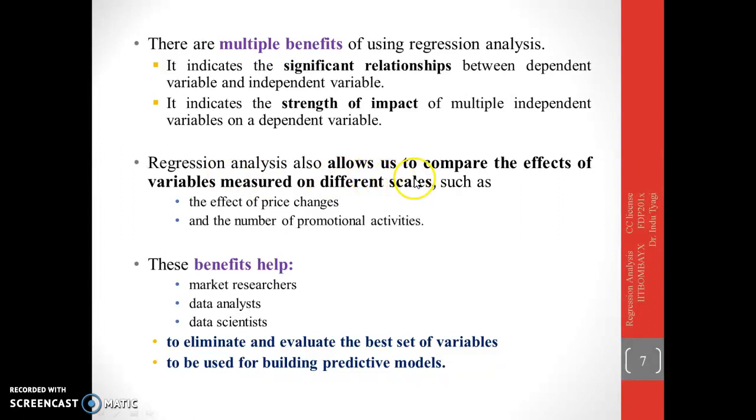It allows us to compare the effects of variables measured on different scales, such as the effect of price changes and the number of promotional activities. These benefits help market researchers, data analysts, and data scientists to eliminate and evaluate the best sets of variables to be used for building predictive models.